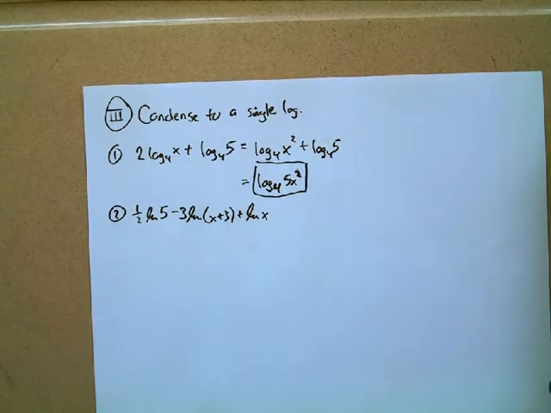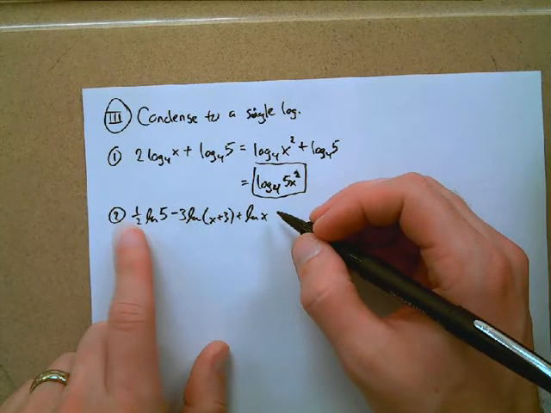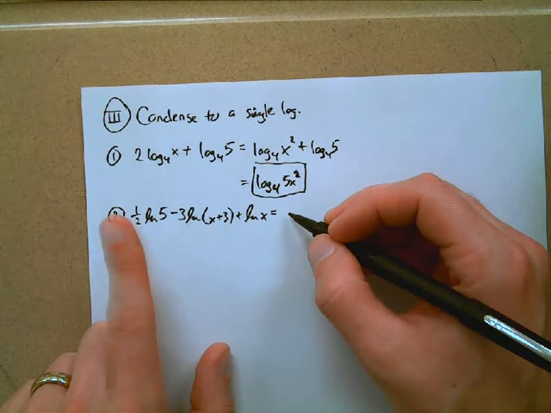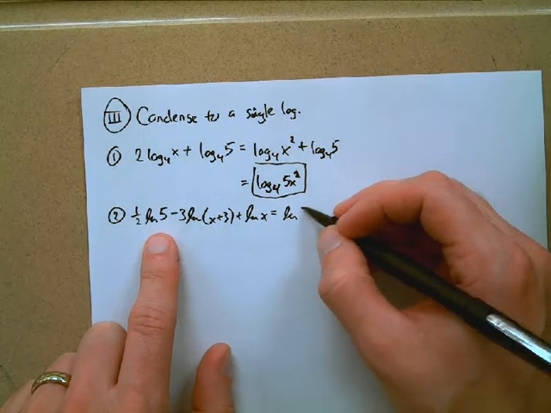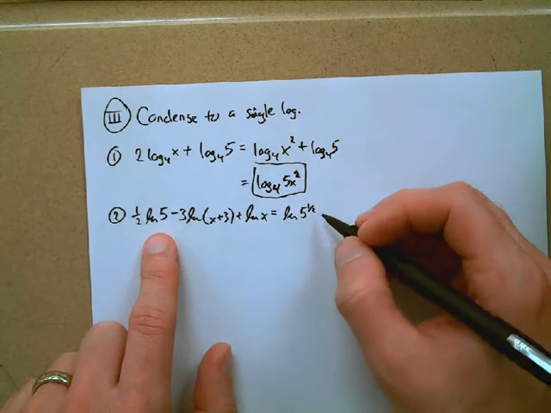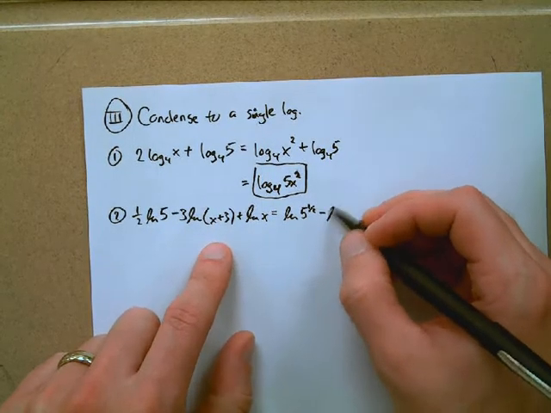So 1/2 natural log of 5 becomes natural log of 5 to the 1/2 power. The minus 3, well, we can bring the 3 up and make it minus the natural log of x plus 3 to the 3rd. And then the natural log of x is going to stay the natural log of x. It didn't have a coefficient.